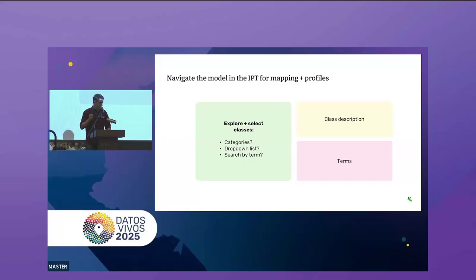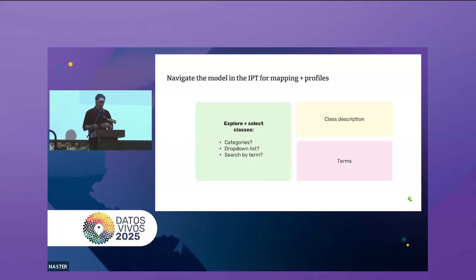The next thing is navigating the model. Whether we map in just data or edit a profile, we would need to navigate the model somehow. And as we've seen already multiple times, it's a big model, so we would need some kind of help with that. We have some ideas. That can be categories to categorize some of the tables for simplified search.